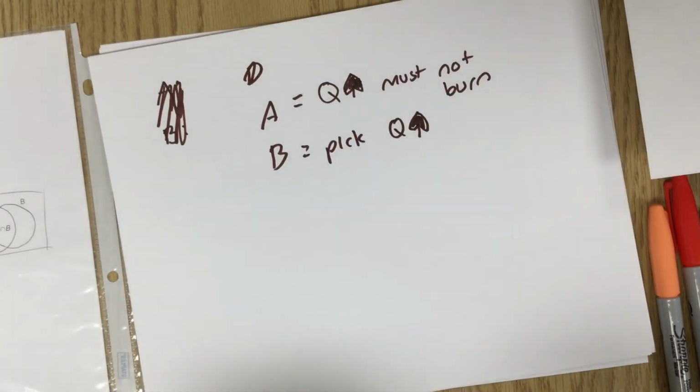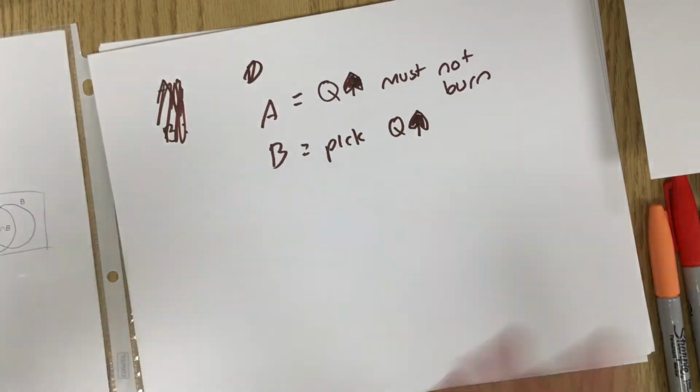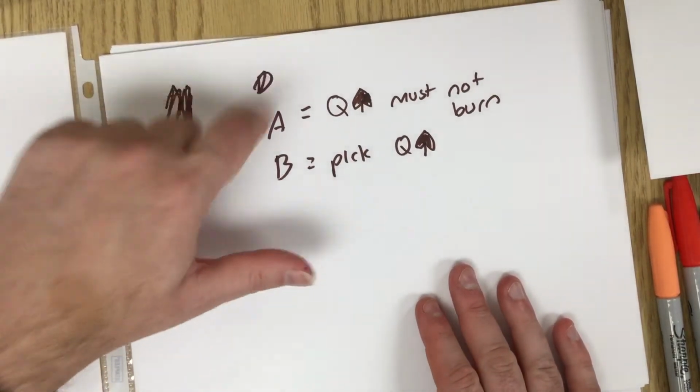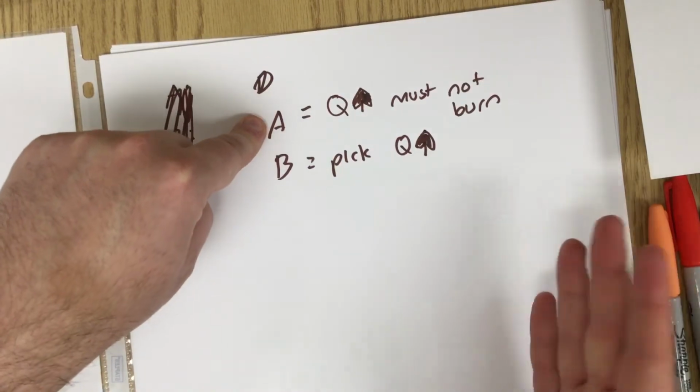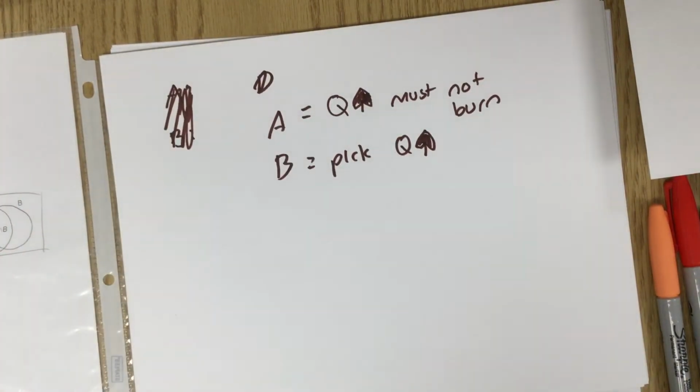So let's figure out the probabilities of that. In order to pick the Queen of Spades, both of these things have to happen. I have to not burn the Queen of Spades, and then I have to pick it from the 20 that are left.